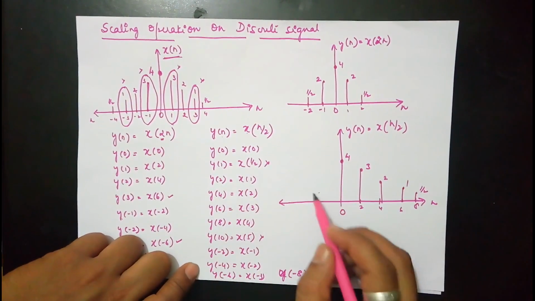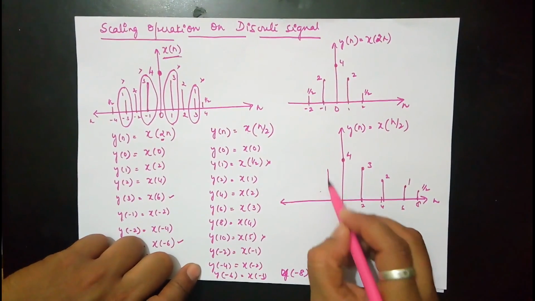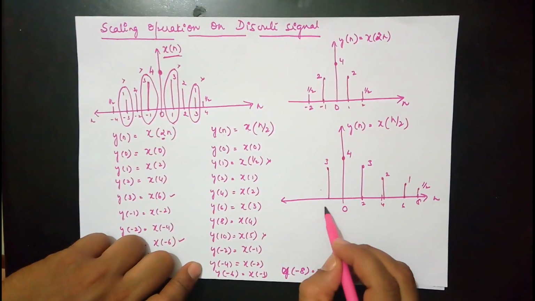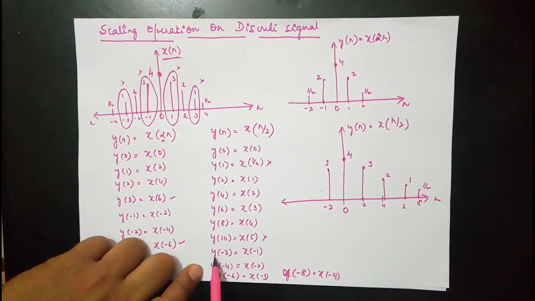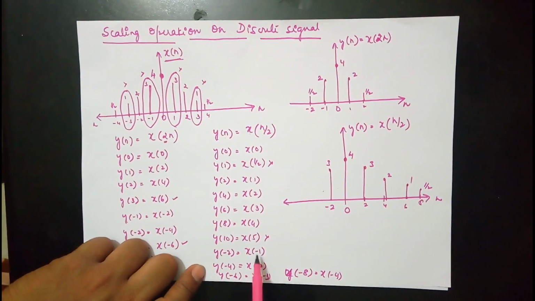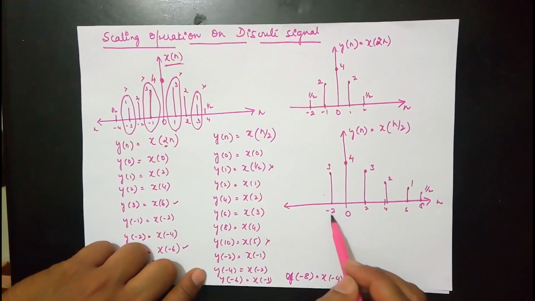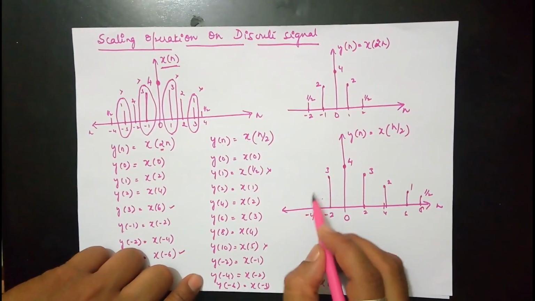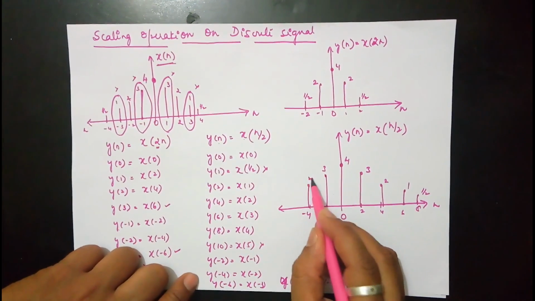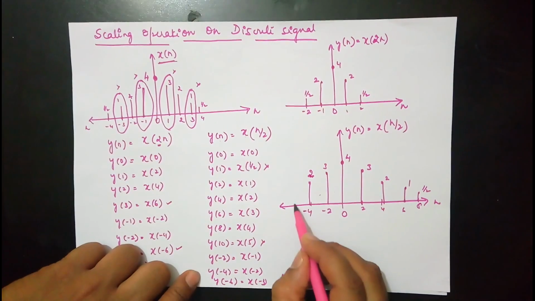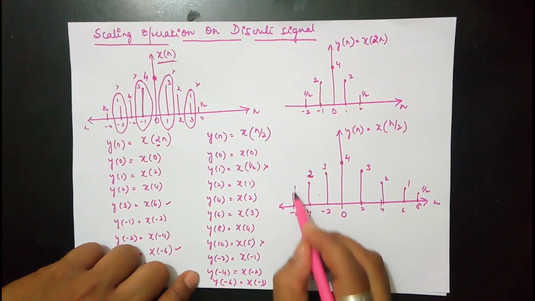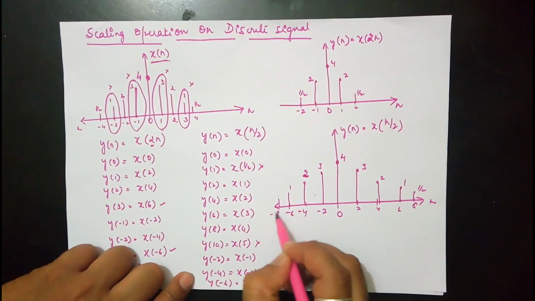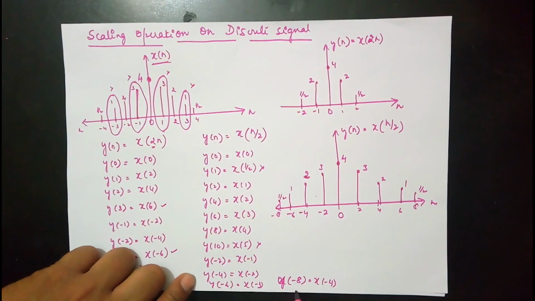And the same thing is repeated to the left side of n is equal to 0. That is, I will be getting 3 here at minus 2. You can check it here. Y of minus 2 is x of minus 1. X of minus 1 is 3 again. And at minus 4 I will be getting 2. At minus 6 I will be getting 1, and at minus 8 I will be getting half, as is evident here.